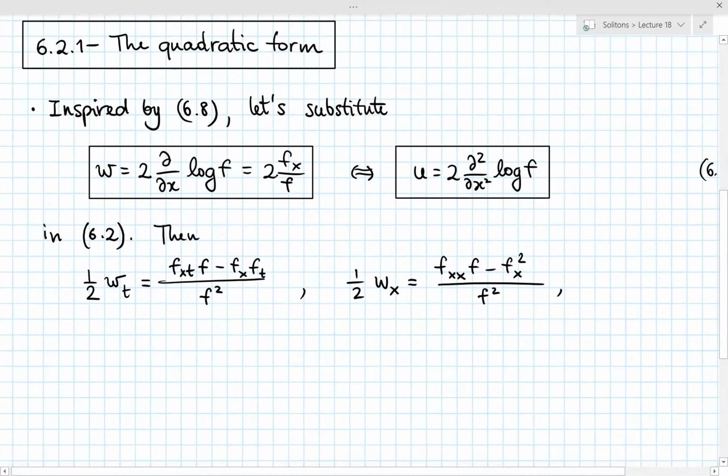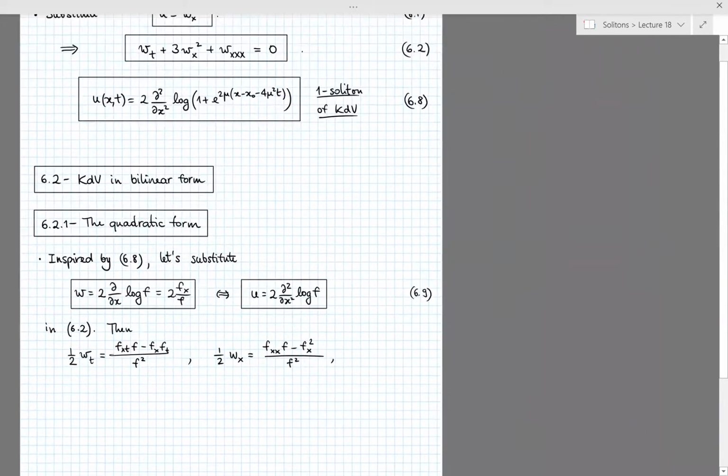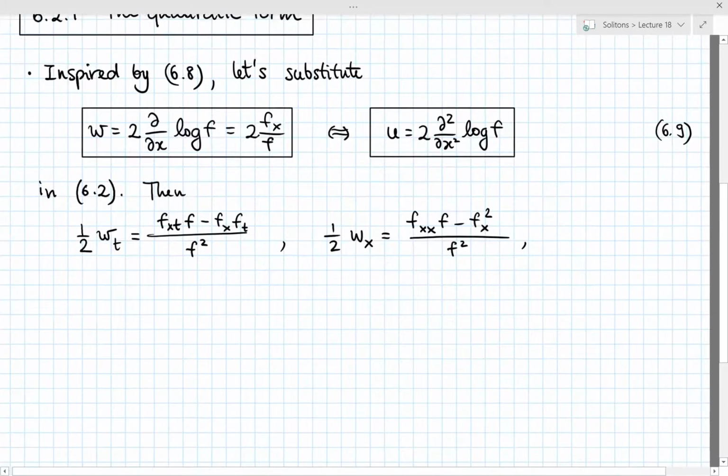So then we need the third derivative of w with respect to x in 6.2. So we'll have to calculate a half wxx, but I'll let you do that as part of exercise 35.